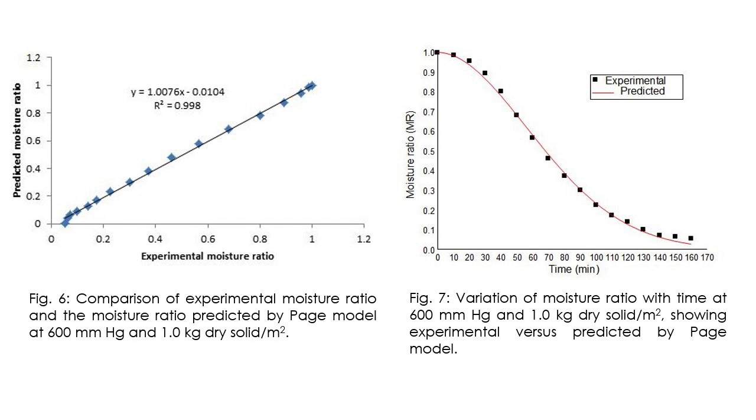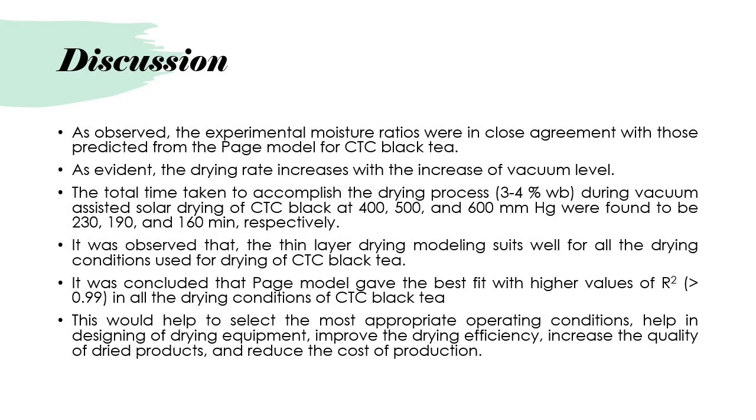The time taken to accomplish the drying process, that is, to bring down the moisture content to a predetermined level of 3 to 4% wet basis, was 230, 190, and 160 minutes for 400, 500, and 600 mm mercury respectively. As evident, the drying rate accelerates with the increase of the vacuum level.